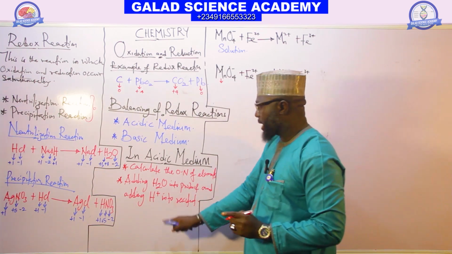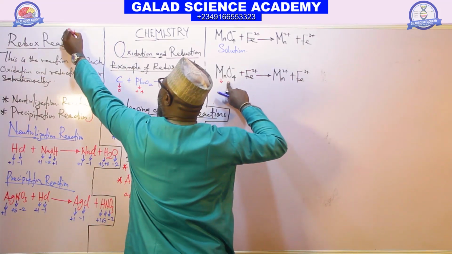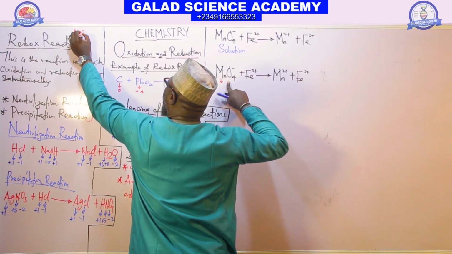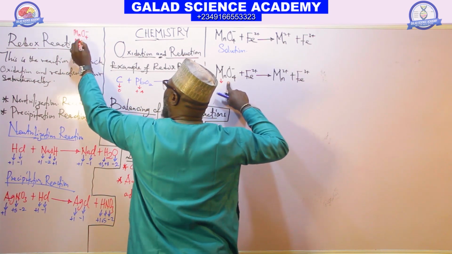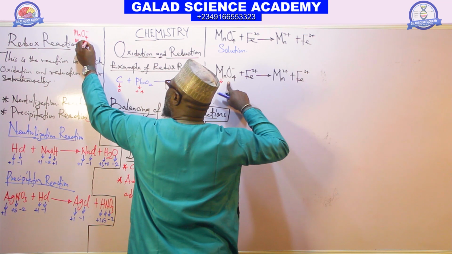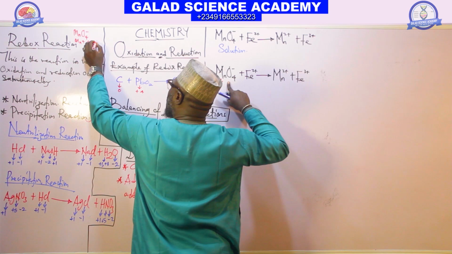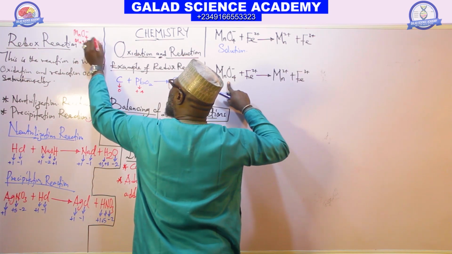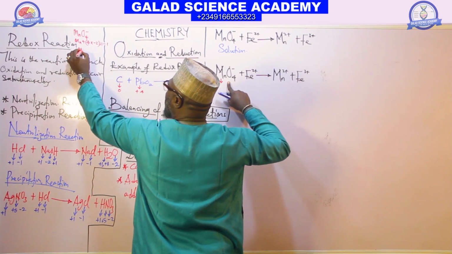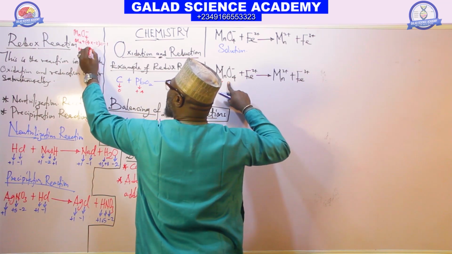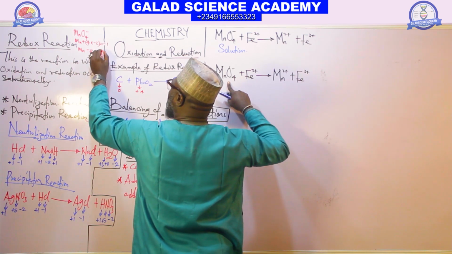We have MnO4 minus: Mn plus 4 multiplied by minus 2 equals the charge, minus 1.